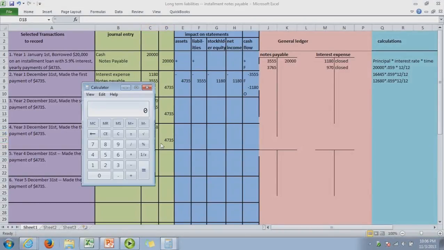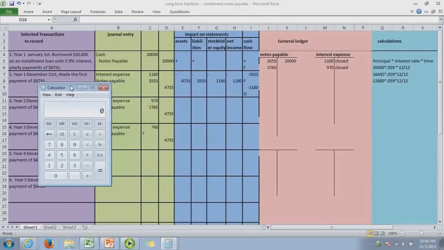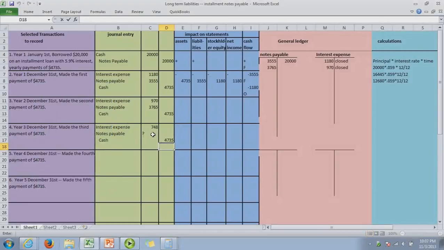So if we take 4735 minus 748, 3987. Make sure I don't do any transpositions. I'm not going to show the impact because really all the numbers change, but it's the same impact each time.